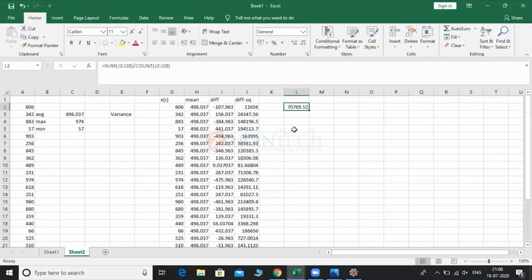Now this is just a number, and variance will always be positive because we are always doing the squares of the number. But the problem now is, let's say that the mean is 498, the average number is 498. Variance of the data is 70,769.